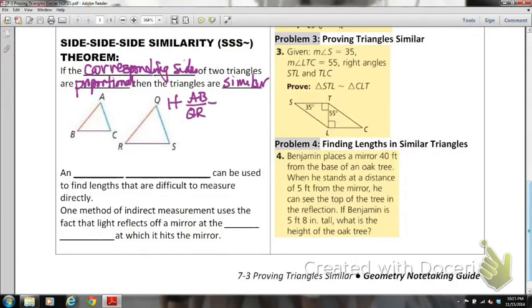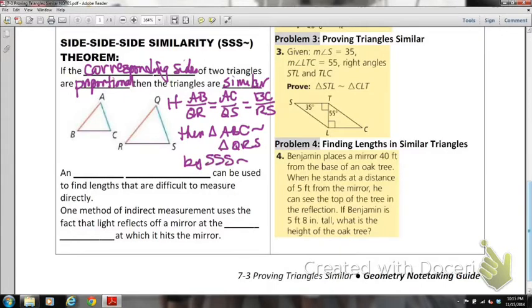So put that as a ratio equal to AC over QS, which are corresponding sides. So that's the second ratio, and that's equal to the third ratio of sides, which is BC over RS. So if that's true, then we can say that triangle ABC is similar to triangle QRS by side-side-side similarity.